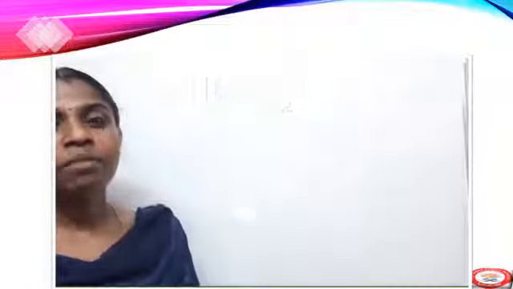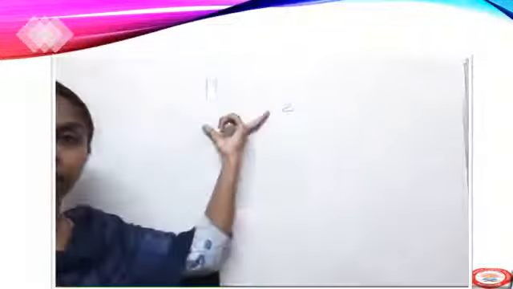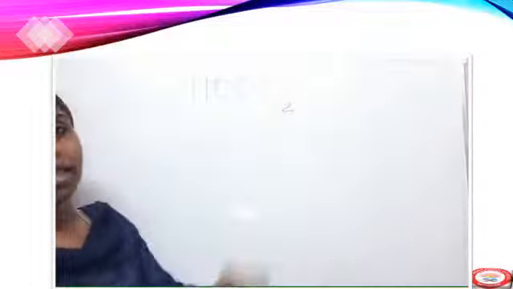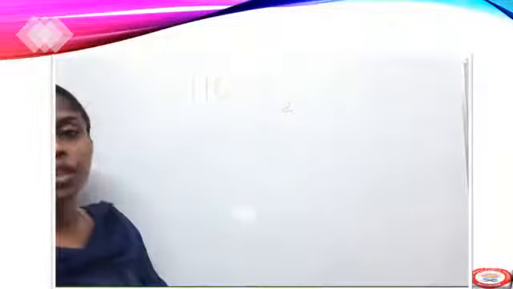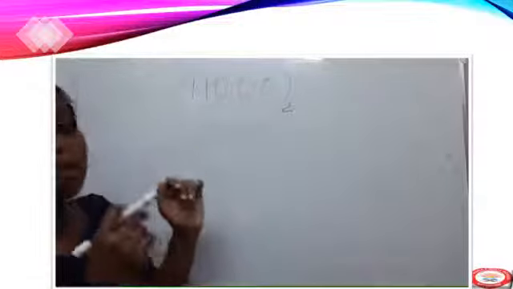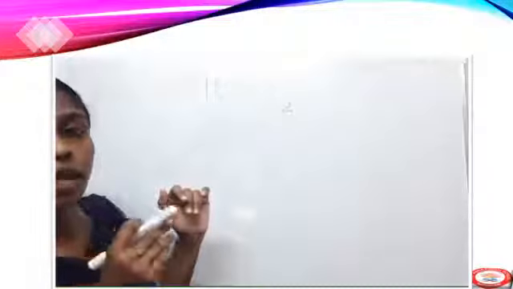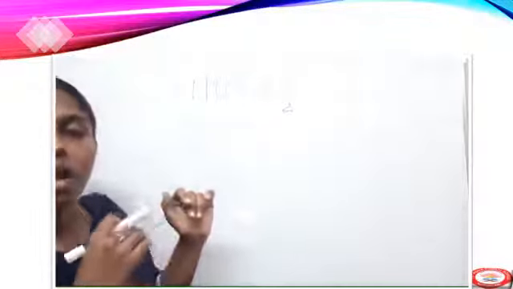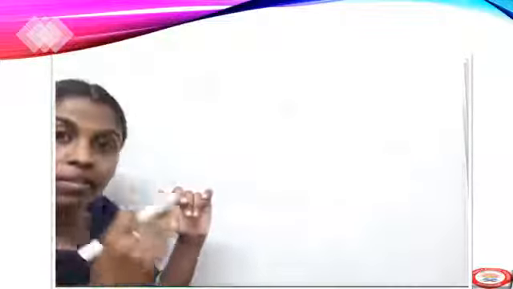Now by using multiplication by 2 method, we are going to convert this binary number into decimal. In this method, this binary number is multiplied by the place value of each bit. After that, we have to add the result of each multiplication.